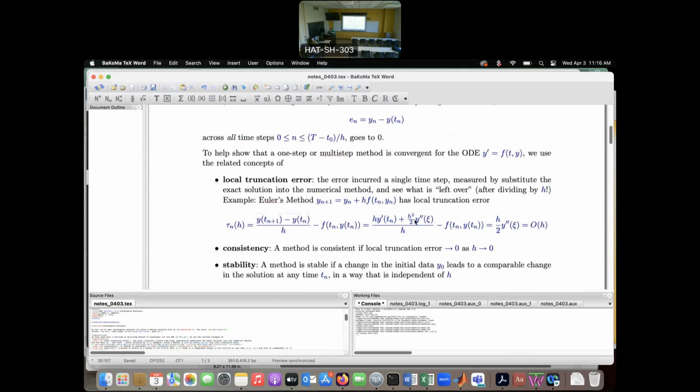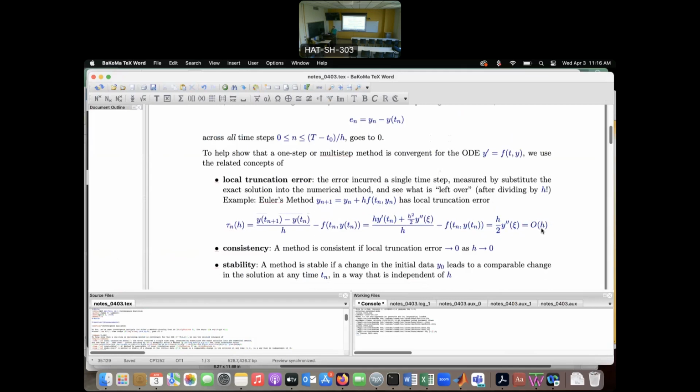After dividing by h, this is what you're left with: h over 2 times the second derivative at an unknown point between t_n and t_{n+1}. We say that this is big O of h because this local truncation error is proportional to h. So in other words, first order accurate.